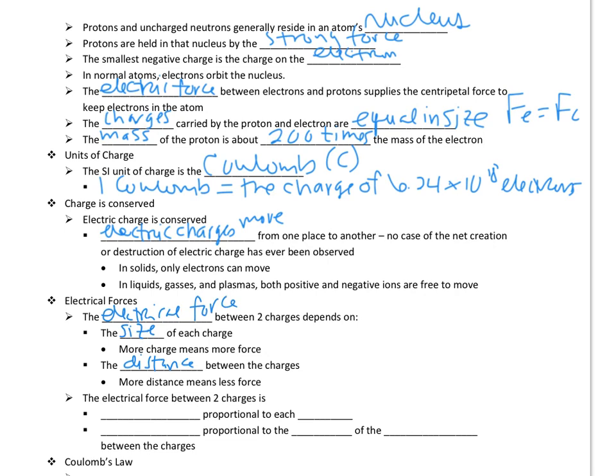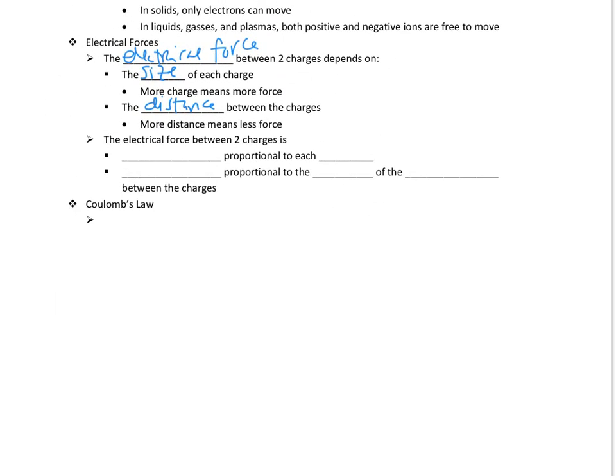So the electrical force between two charges is directly proportional to each charge and inversely proportional to the square of the distance between the charges. Which brings us to Coulomb's Law.